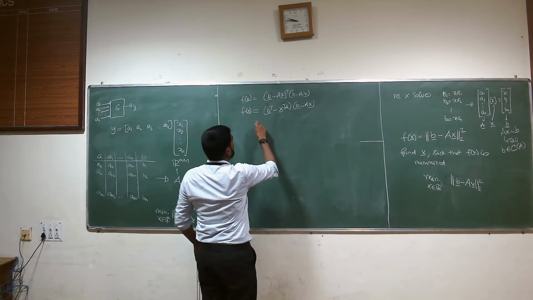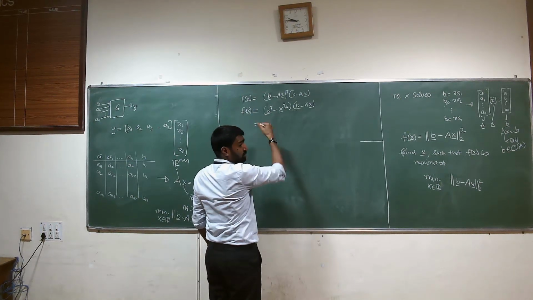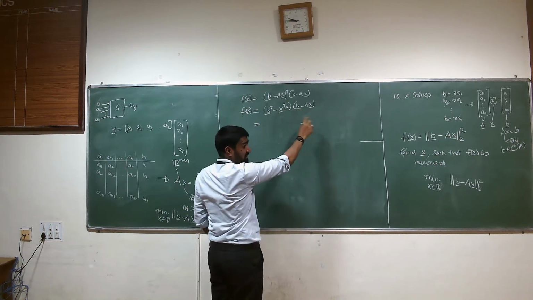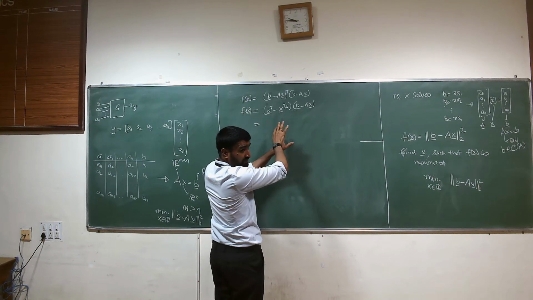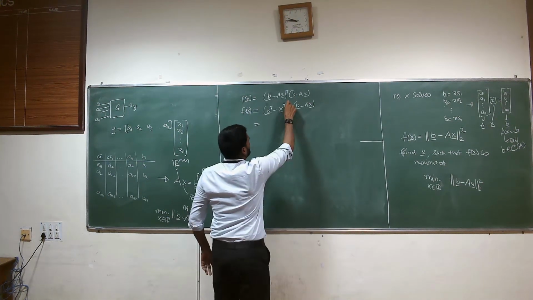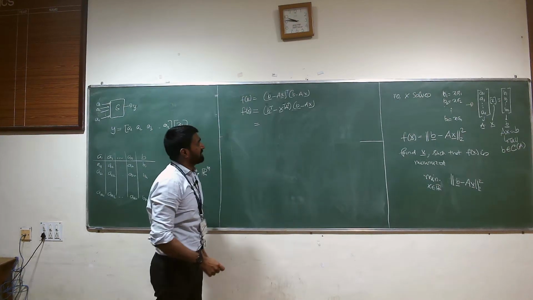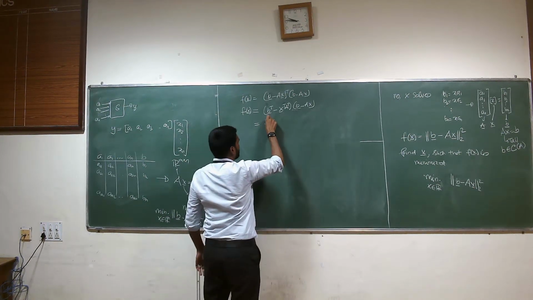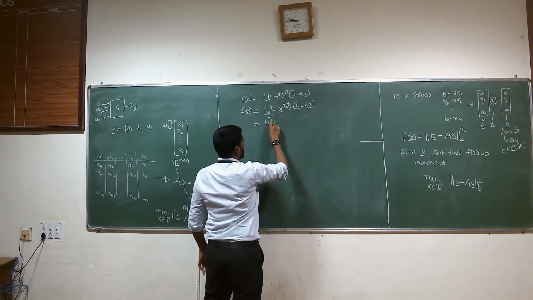There should be 4 terms, because there are 2 here, all possible combinations of their products. So the first term will be b transpose b.